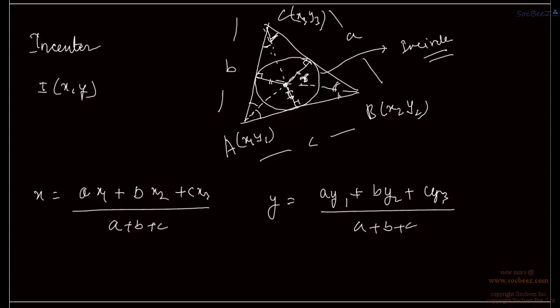Here a is the length of the side opposite to vertex A. Similarly, small b is the length of the side opposite to vertex B. While applying this formula, you have to take care of that.